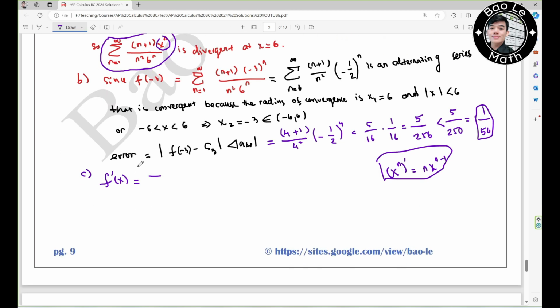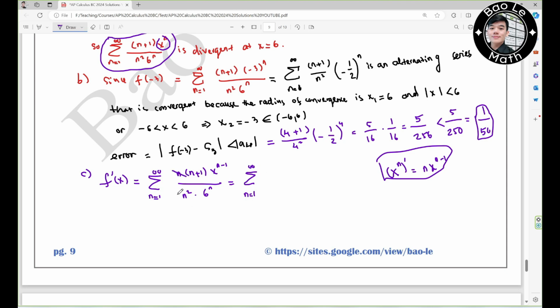The sum when n goes from 1 to infinity, n times n plus 1 times s to the n minus 1 over n squared times 6 to the n. Alright, now we just simplify this guy, so it turns out to be the sum from n equals 1 to infinity.